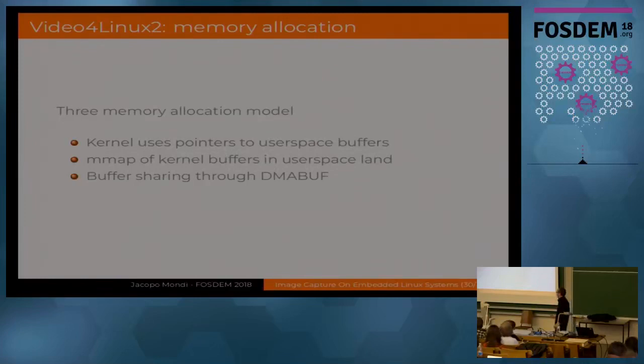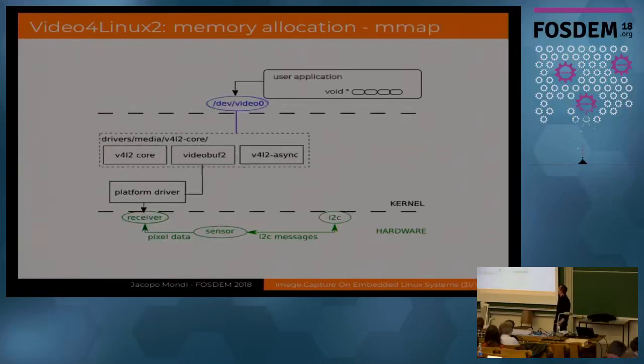Or you can have the kernel driver allocate memory for user space, and user space memory maps on top of that. Or, if you want a very performant application, you can use the DMA buffer structure to share memory between different kernel subsystems.